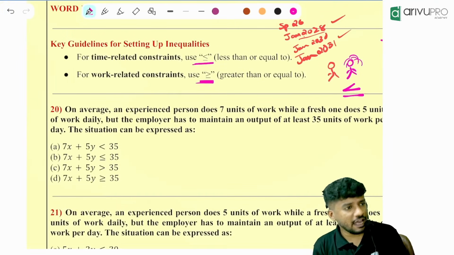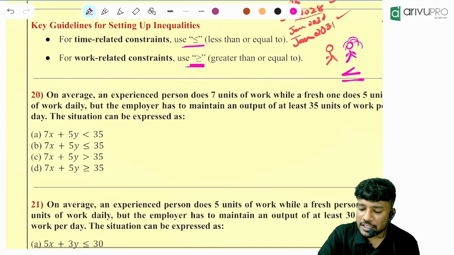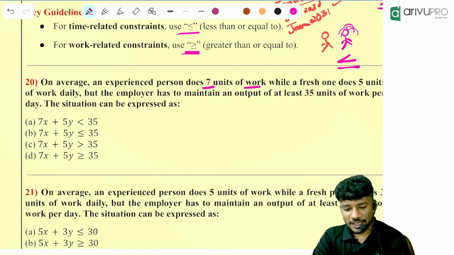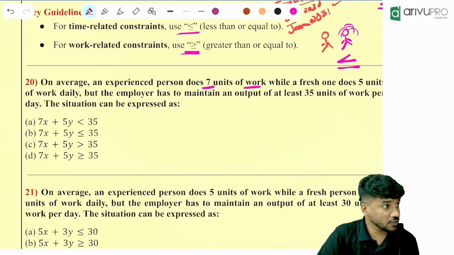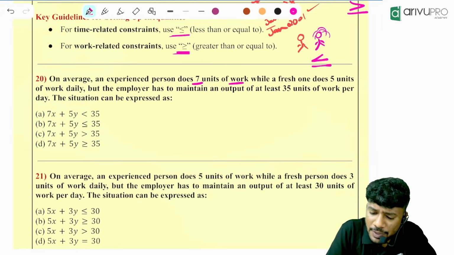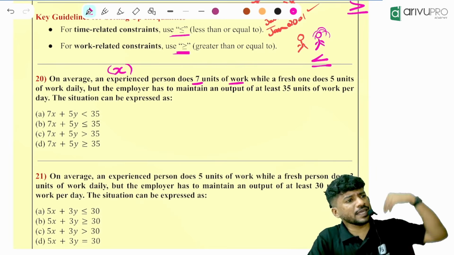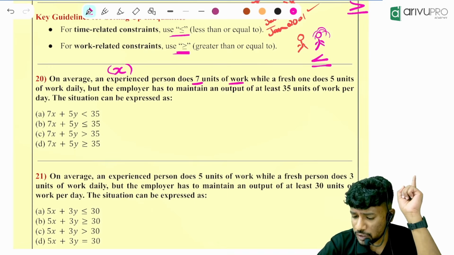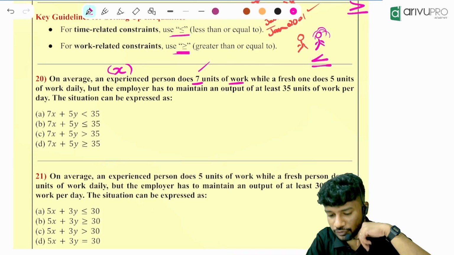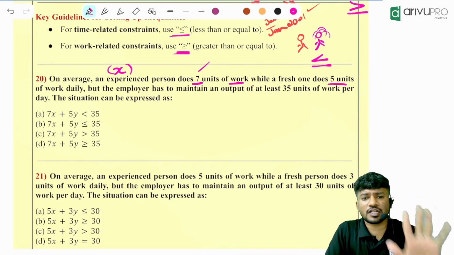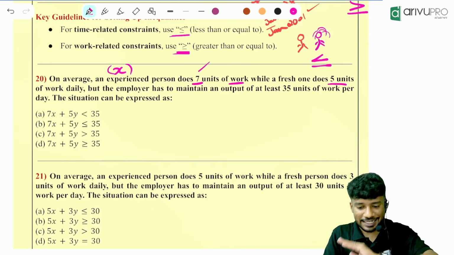Now, on average, an experienced person does 7 units of work. One experienced person does how many units of work? 7 units of work. Let there be X number of experienced persons, each one of them doing 7 units of work. While a fresh person does how many units of work? 5 units of work daily.